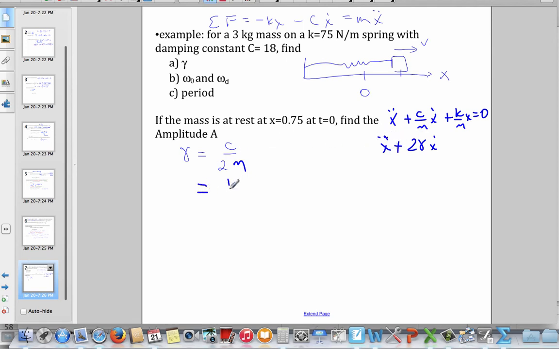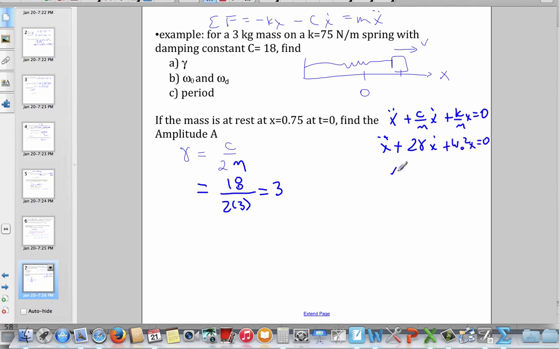Okay, so what is it? This is 18 units, I didn't specify the units of c for simplicity, over twice the mass. The mass is in kilograms. And that's 18 over 6, that's 3 units. Now what should the units be? Well, we also substituted in omega naught squared here.